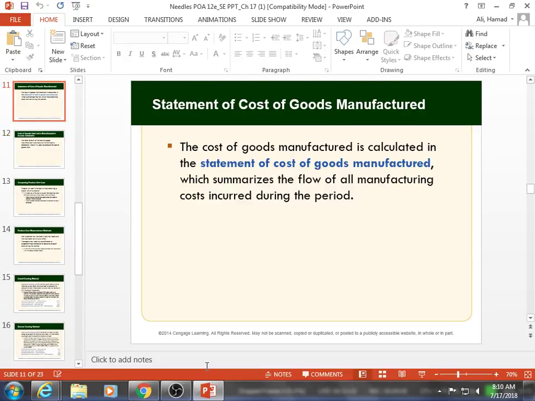So look at the exercise that I just gave you, and first of all, what do you think the cost of goods manufactured should include in it? Materials.